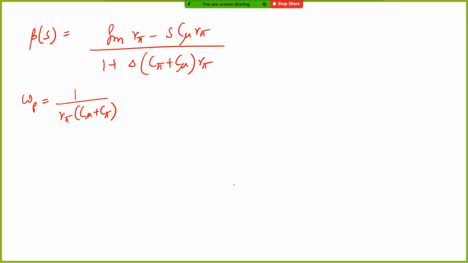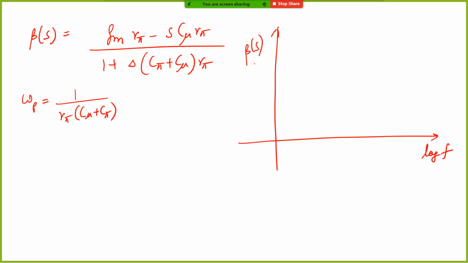And if you plot the magnitude response, if you take log of f here and take beta of s, it starts with an original value of beta naught. Before we go there, if you compare the value of Gm and the value of S times C mu, S times C mu is a very small value, in the order of some picofarads.